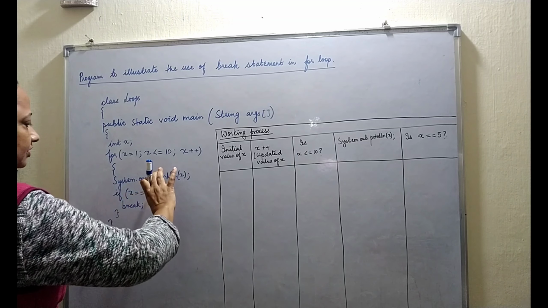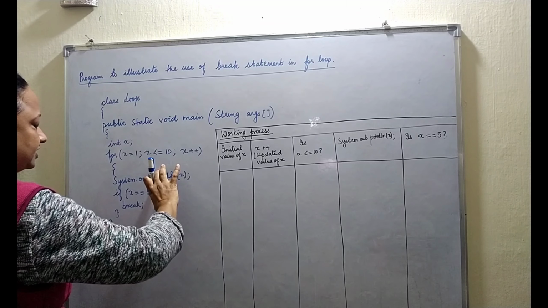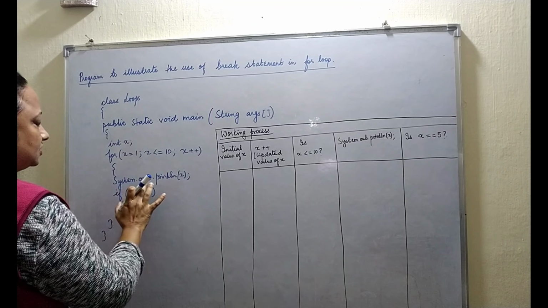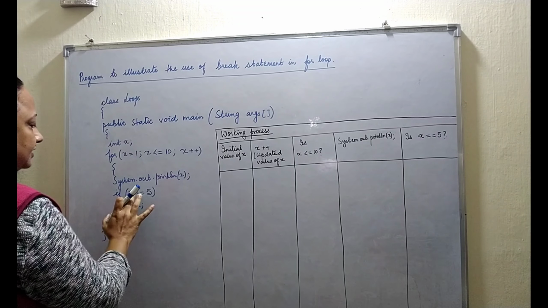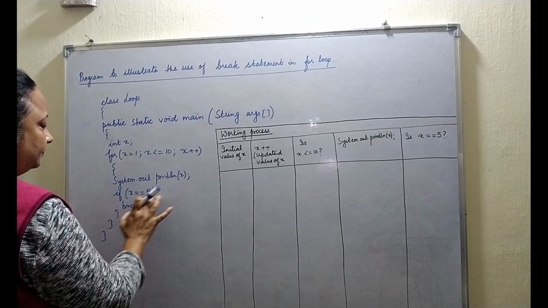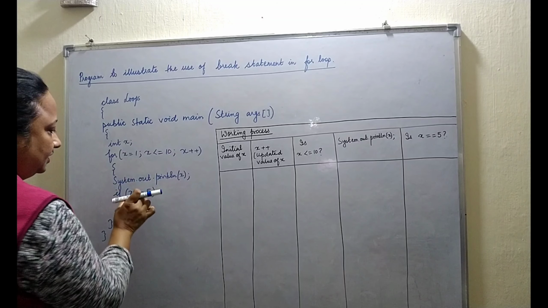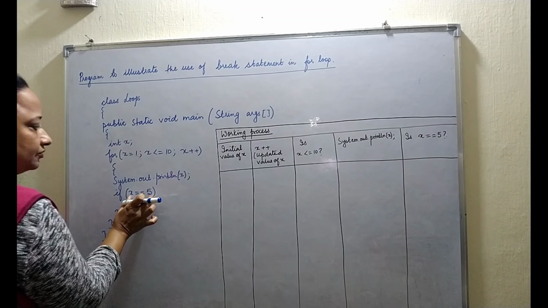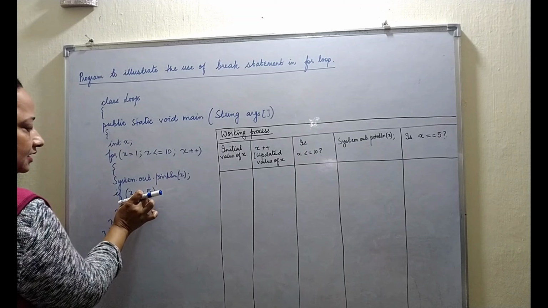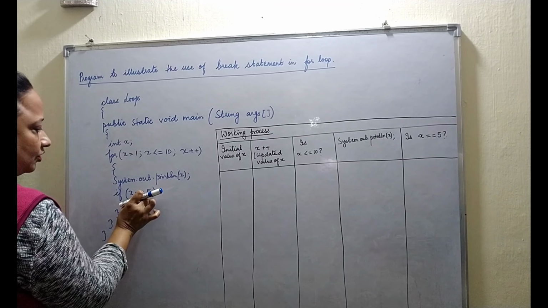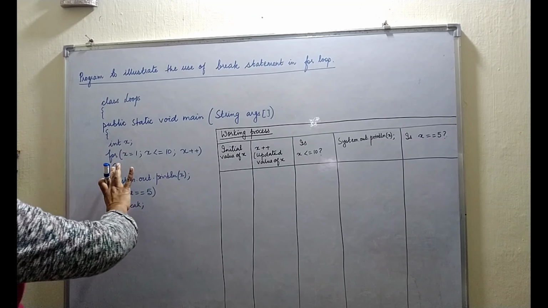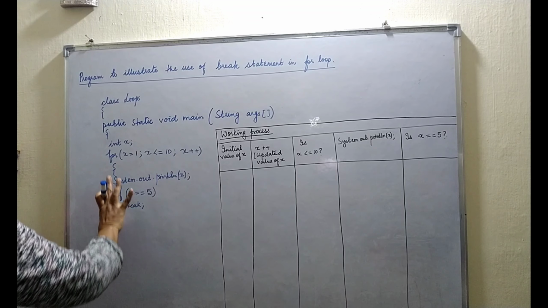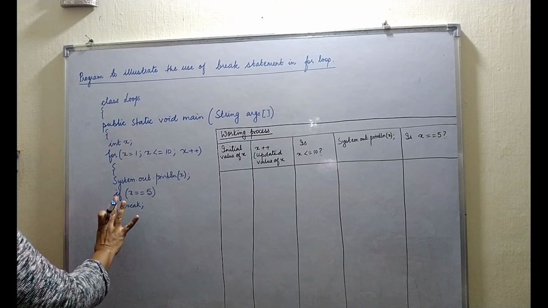Inside the body of the loop we have 3 statements. System.out.println x. Now if x equals 5, this is equals, a relational operator, then break. Then this is the closing of the for, the closing of main, and the closing of the class.